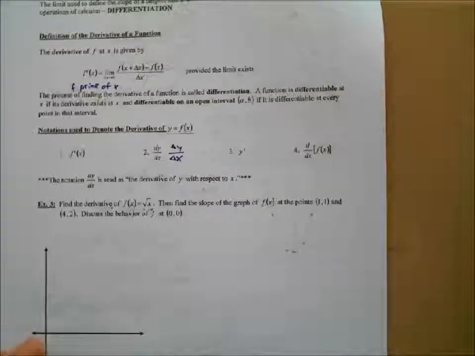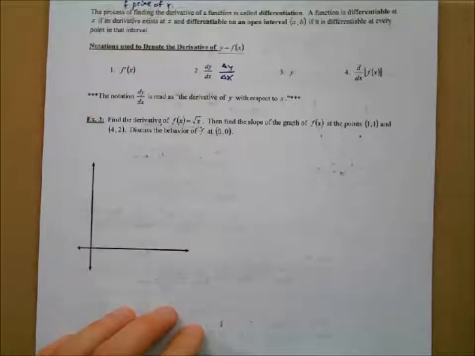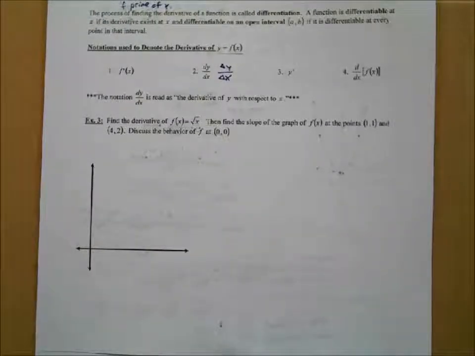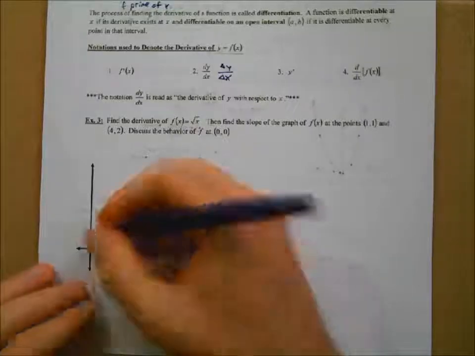All right, so let's keep going here, pressing on. So we're going to then find the derivative of f of x equals the square root of x. And then we're going to use that to find the slope of the graph at a couple points. Okay, so again, let's graph this.